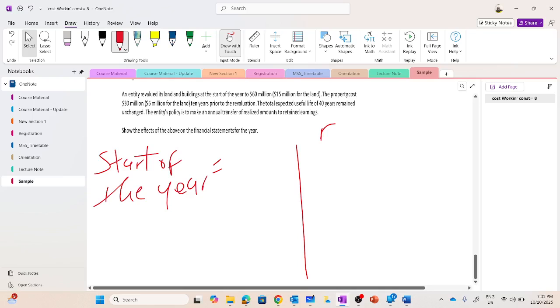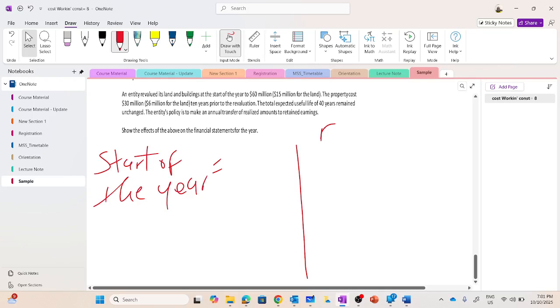So at the start of the year, the land is 15 million, the building is 45, and the total is 60. Very good. This is the start of the year figure.